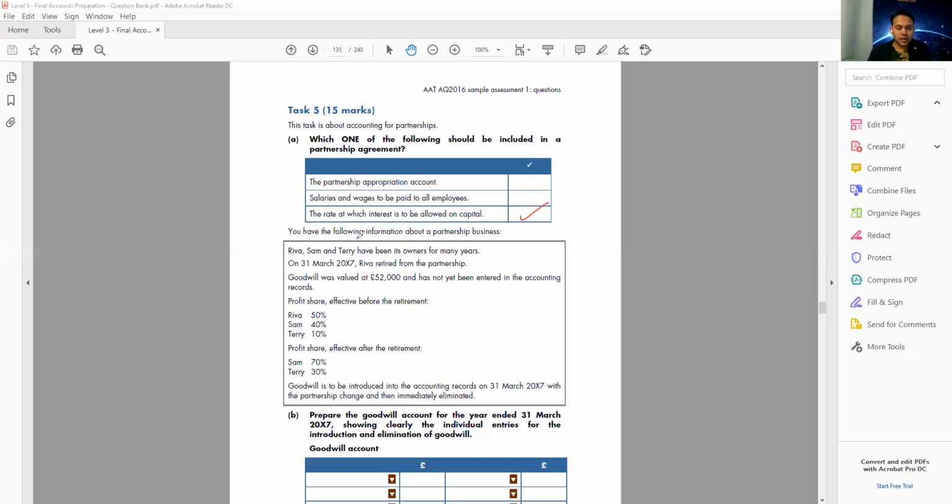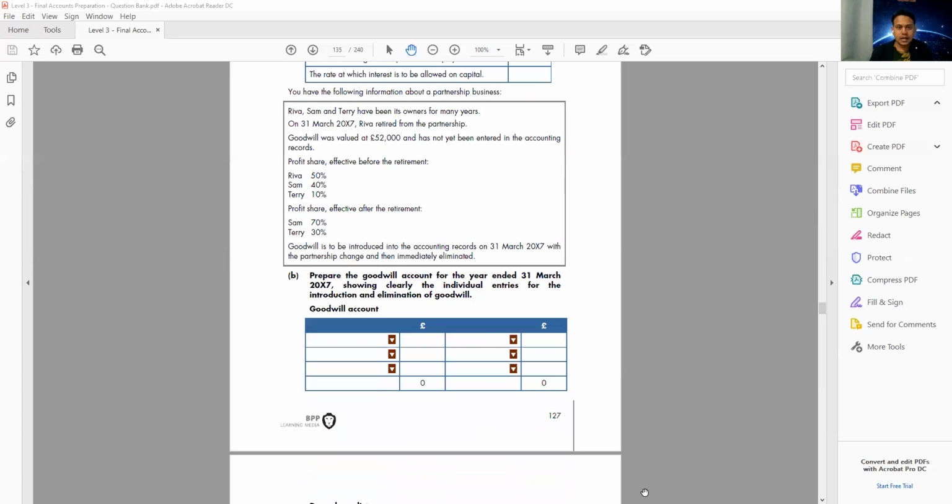You have the following information about a partnership business, okay? Riva, Sam, and Terry have been its owners for many years. On 31st March 2007, Riva retired from the partnership. Goodwill was valued at 52,000.